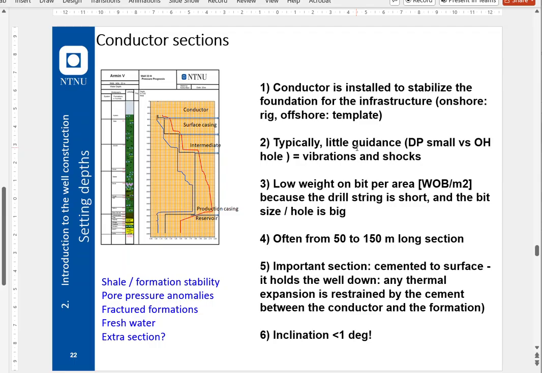Increasing the temperature will elongate the metal in the casings and the tubing, and the whole well will start to rise up.